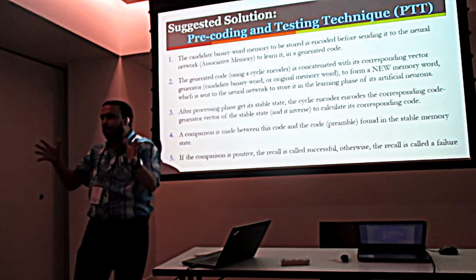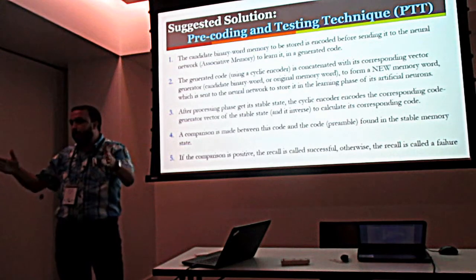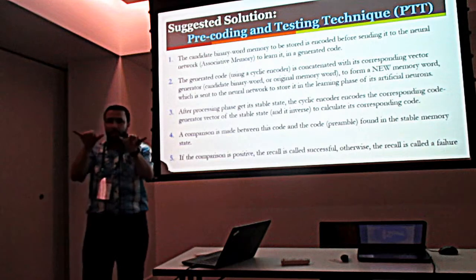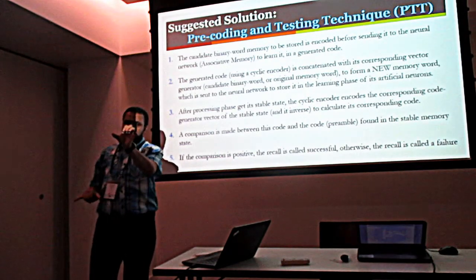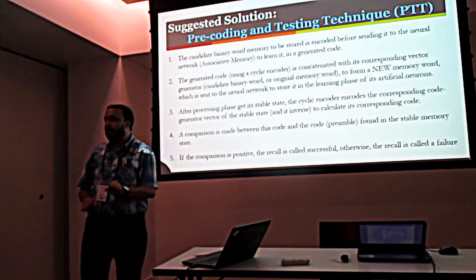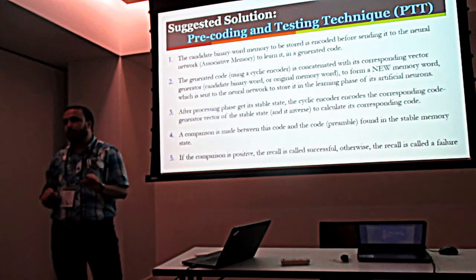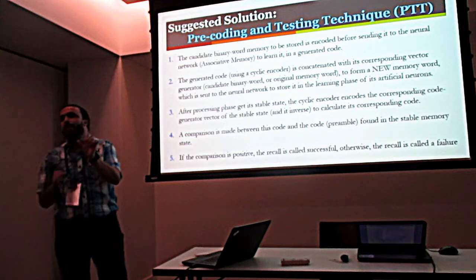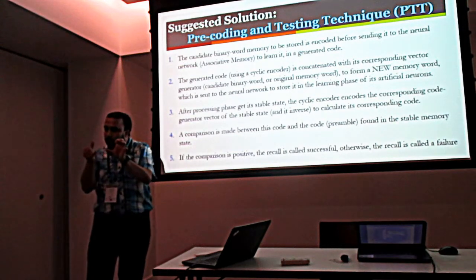We take the output, which is the stable state of this content addressable memory, and then we know what is the code and what is the memory. So we take that memory, process it, and try to code it.